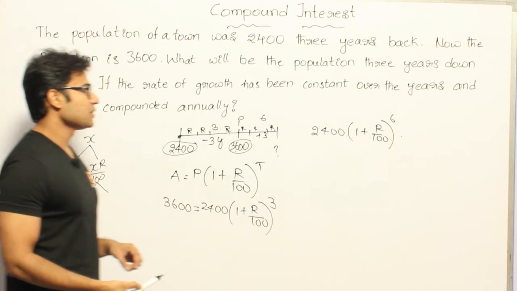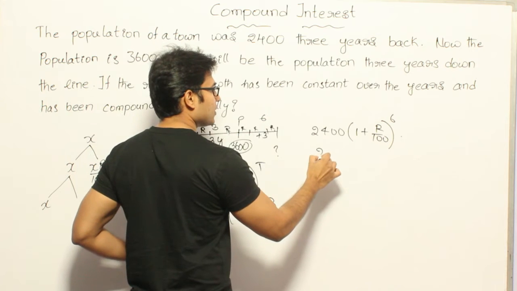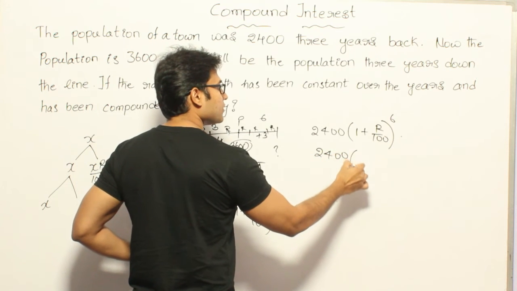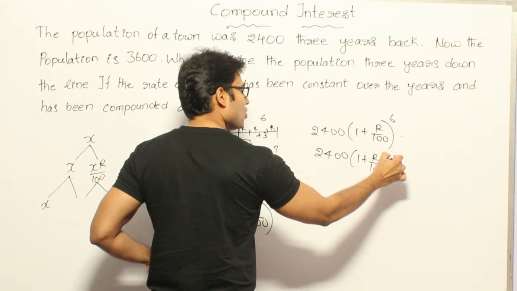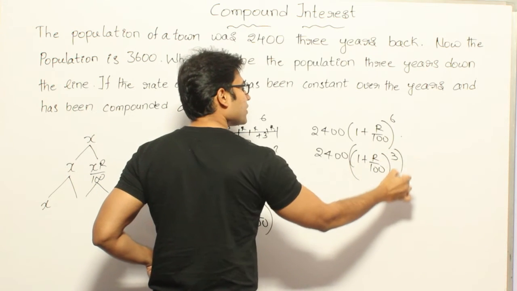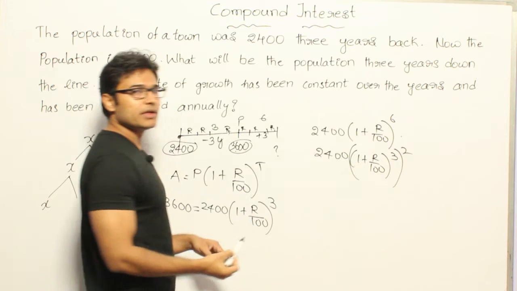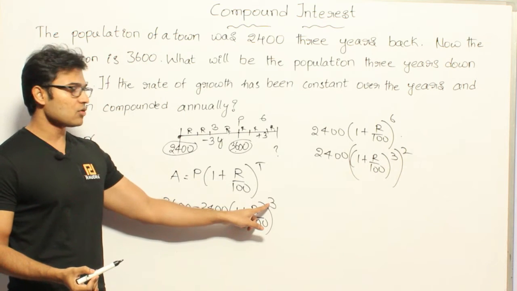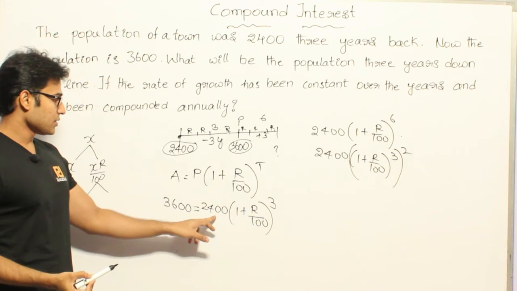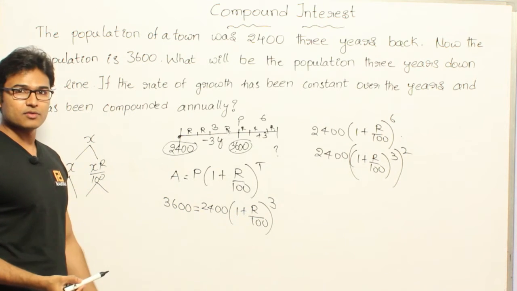Now if you observe this, we could write it this way: 2400 into (1 + r/100) whole cube, whole square. The reason I am writing it that way is because I can find out (1 + r/100) whole cube. What is it? It is 3600 by 2400, isn't it?